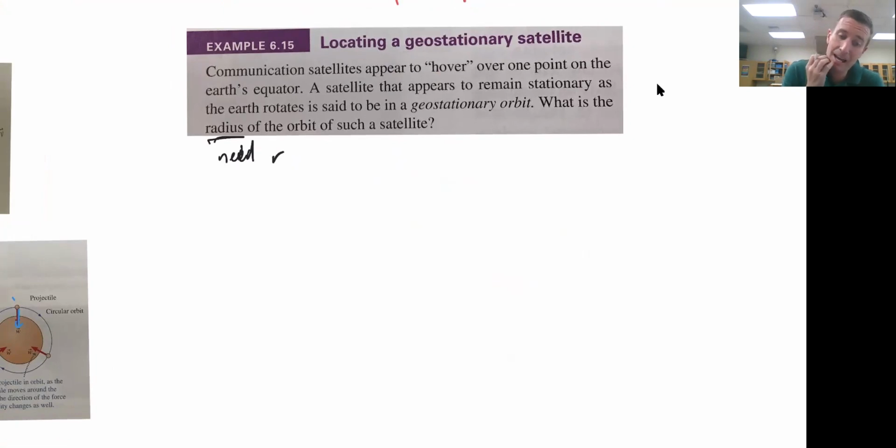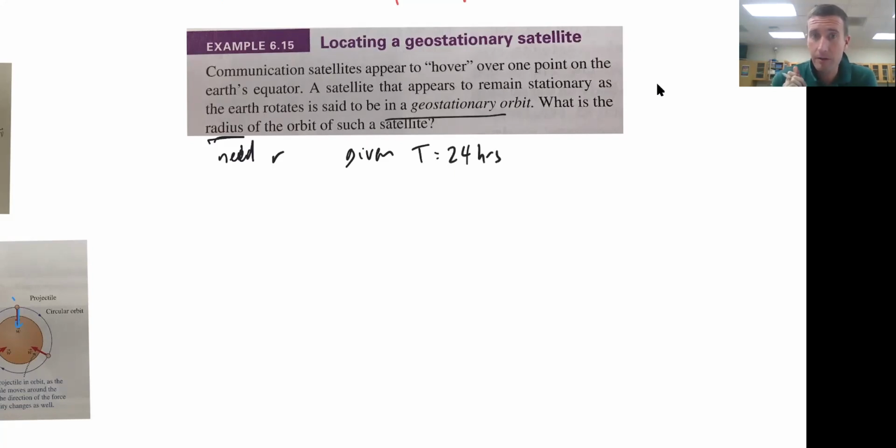And I am given no numbers, but I think I can figure some out. It stays directly over one place on the Earth. Well, how long does one place on the Earth take to go around? I'm given a period, which is one spin of the Earth, and that is 24 hours.